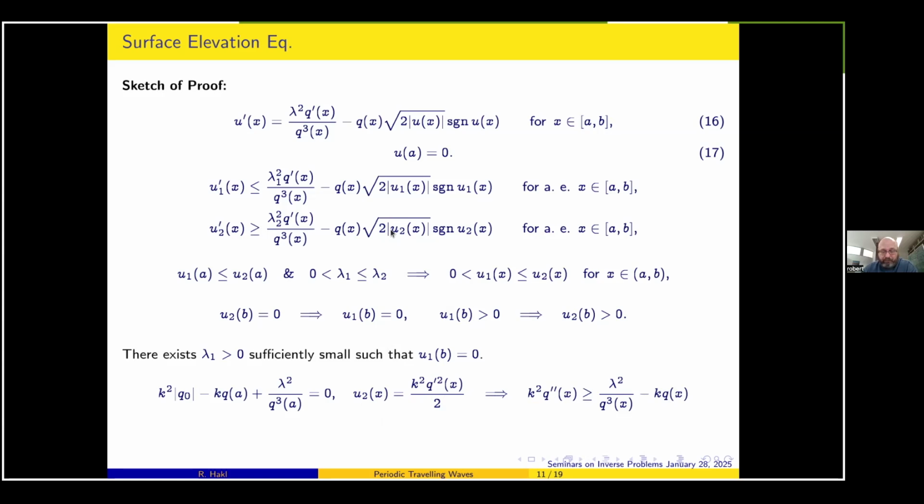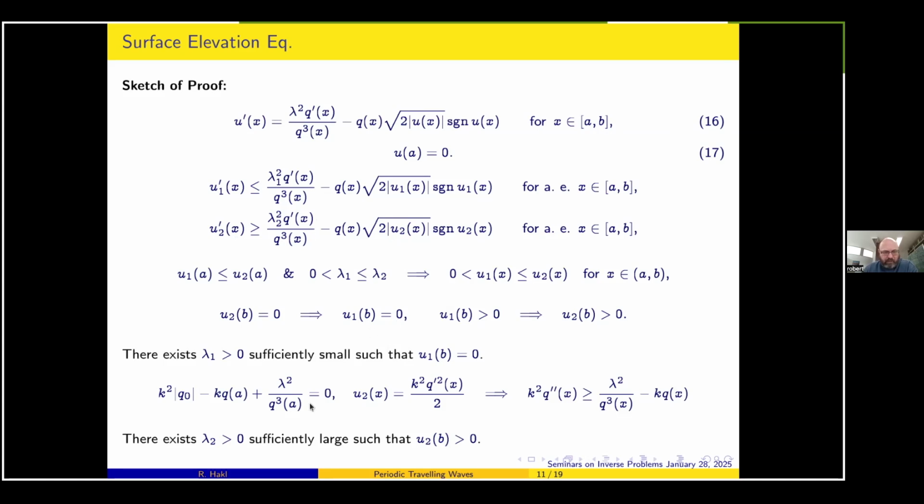And therefore, we have constructed u sub 2, which at the point A, also at the point B, is 0, and therefore the solution to this equation 16 must be below u sub 2 according to this theorem on differential inequalities, and it is positive, and so necessarily the solution must be 0 at the point B also.